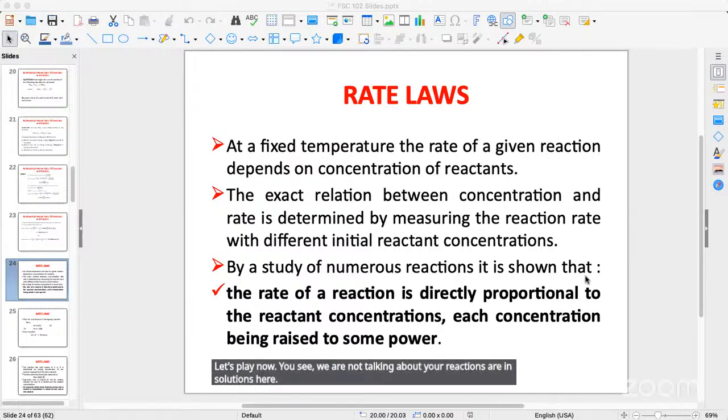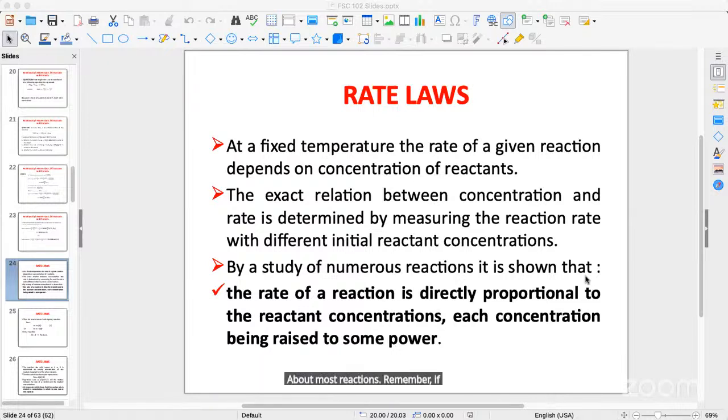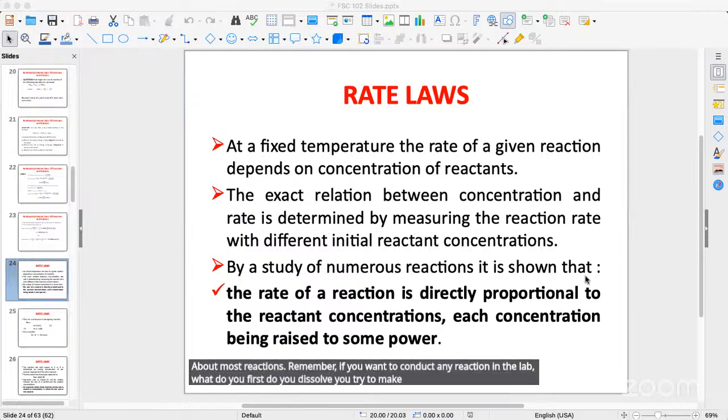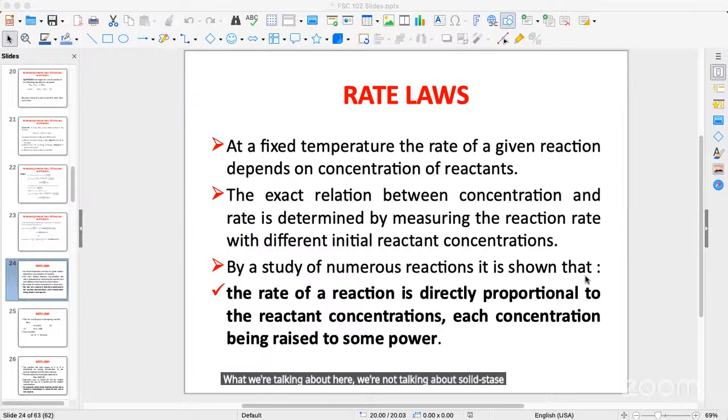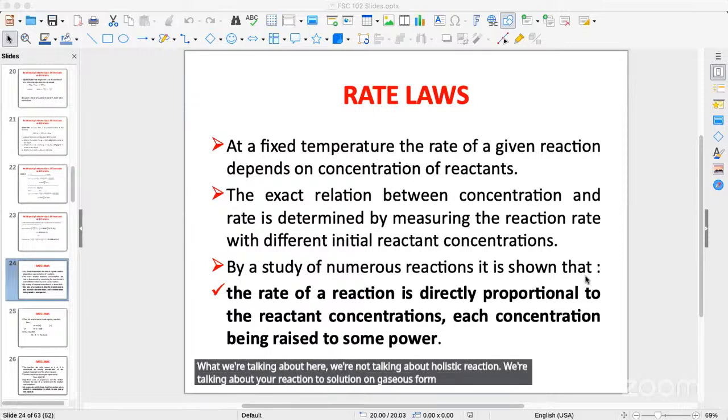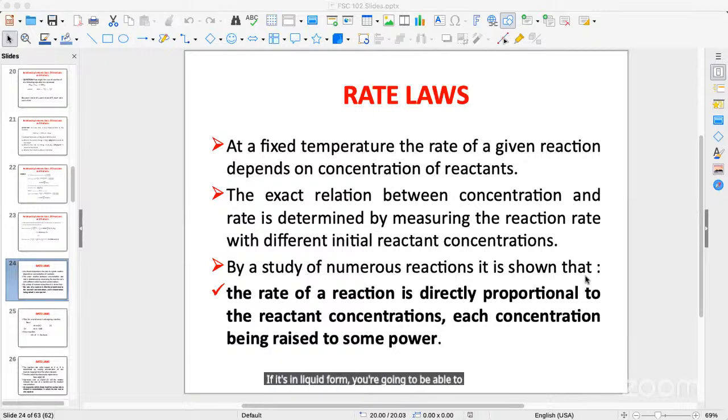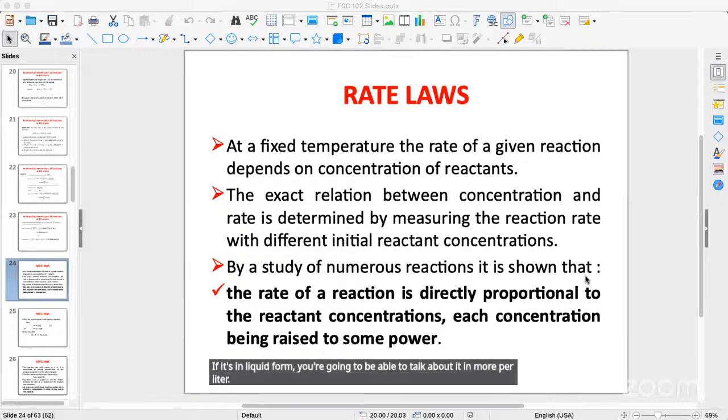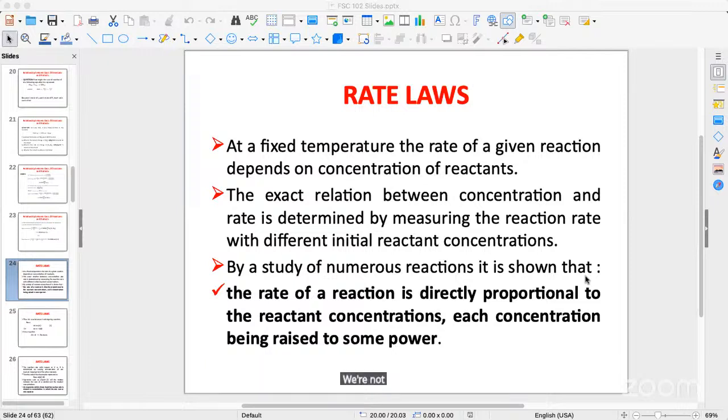In fact, most reactions, remember, if you want to conduct any reaction in the lab, what do you first do? You dissolve, you try to make a solution of your reaction. I'm not saying that there are no solid state reactions, but what we're talking about here is not solid state reaction. We're talking about your reaction in solution or gaseous form. And at the end of the day, if it's in liquid form, you're going to be able to talk about it in mole per liter. So we're not referring to any reaction in solid state. So I think that's that.